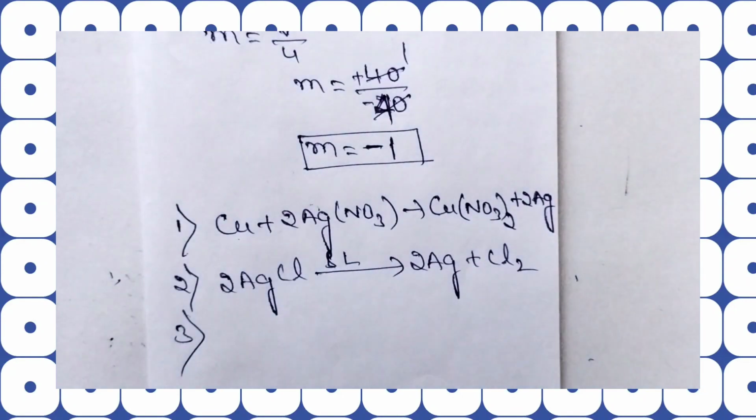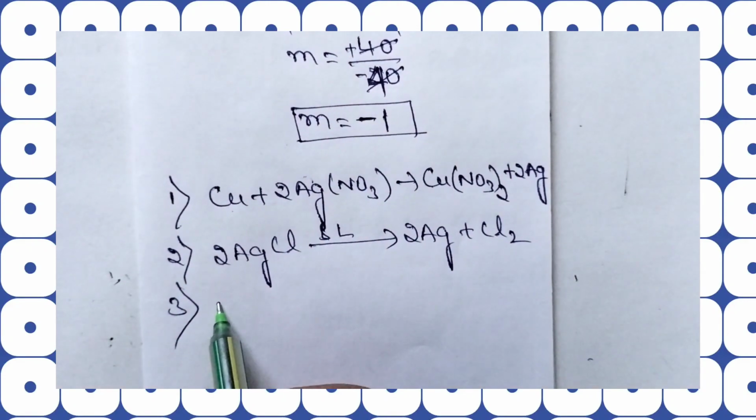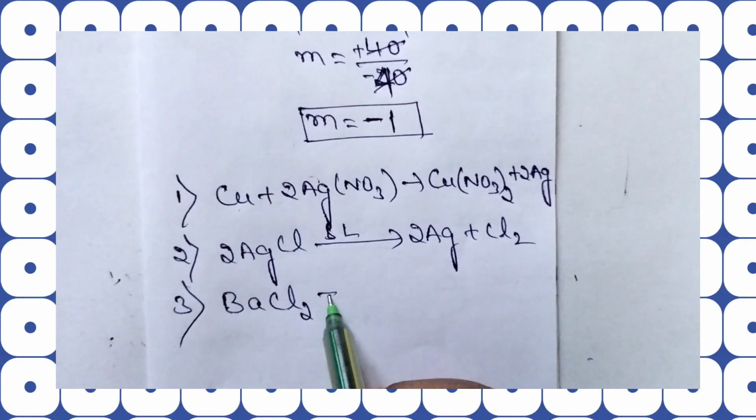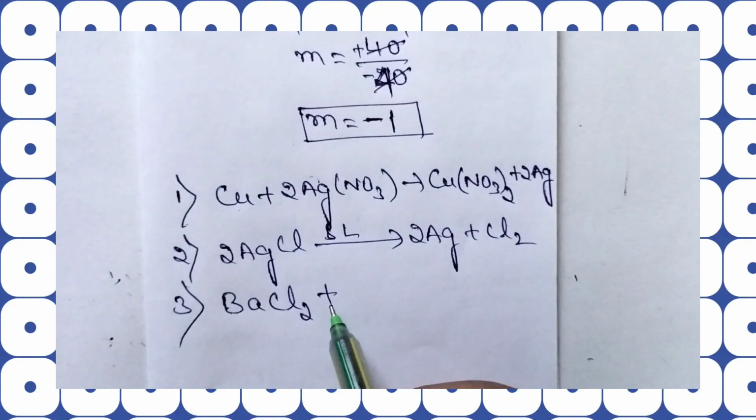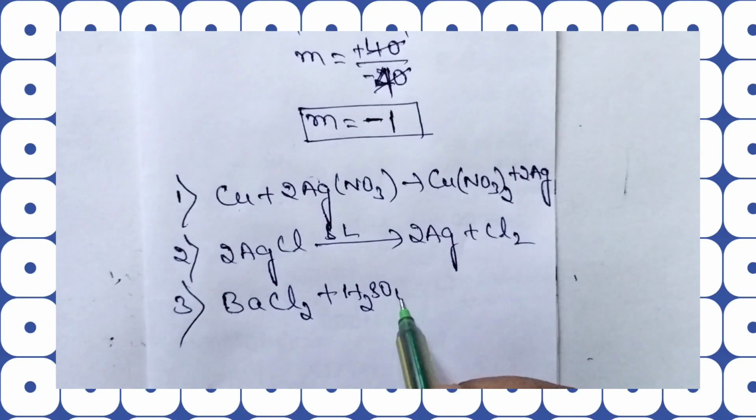Then coming to the third one, barium chloride is added to dilute sulfuric acid. So barium chloride, that is BaCl2, plus it is added to sulfuric acid, H2SO4.